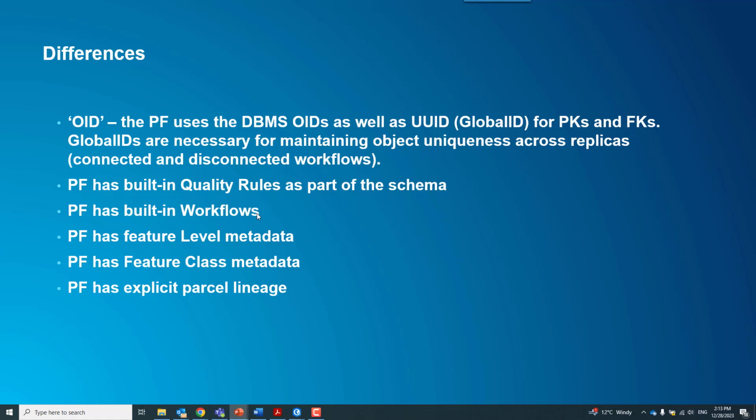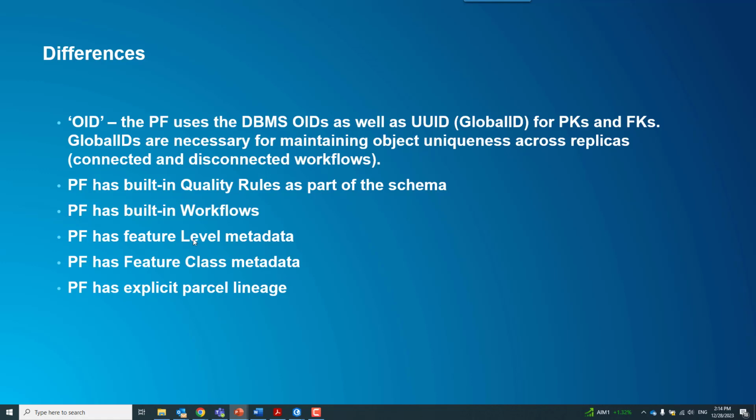You can extend it to have additional quality rules, like we don't want to see a boundary line smaller than, or a parcel bigger than or smaller than a certain area, etc. Or outside of the extent of the country, like we see in some countries where points fall in the middle of the ocean. Parcel Fabric also comes with workflows, basic, common parcel workflows that everybody probably has, like merging and splitting and moving a boundary between two parcels, etc.